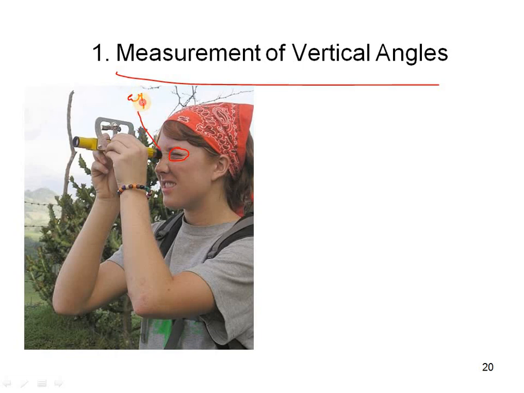This is the eyepiece, and here will be the object glass, and here you know the bubble tube. So she is seeing the angle to the object, so we can measure the angle, or from which point we can measure it.